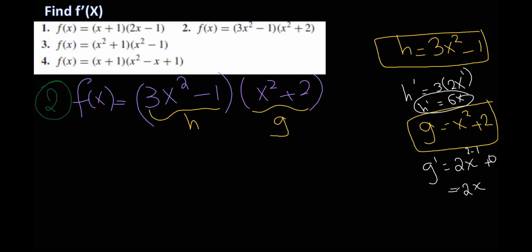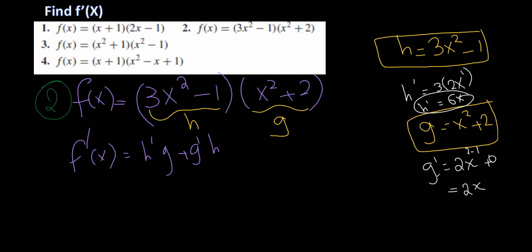Now, my formula is f prime of x is h prime g plus g prime h. F prime of x now is h prime g plus g prime h.